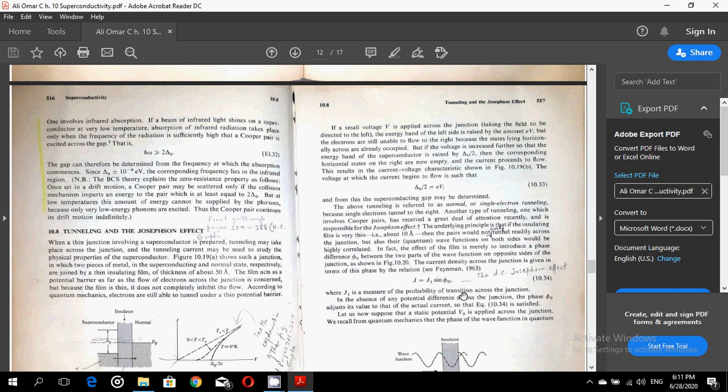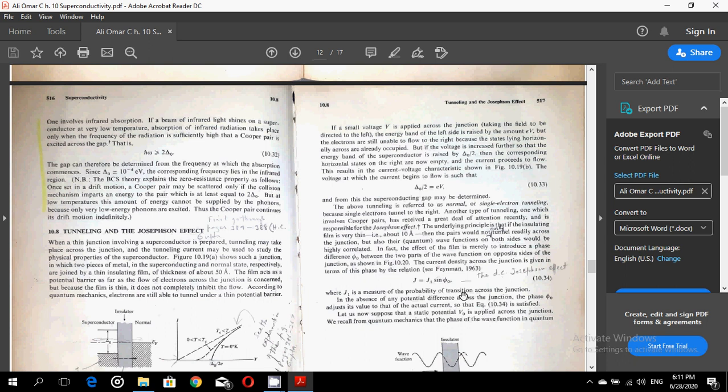Now the underlying principle is that if the insulating film is very thin, of the order of 10 angstroms, then the pair would not only tunnel radially across the junction, but also their quantum wave functions on both sides would be highly correlated.